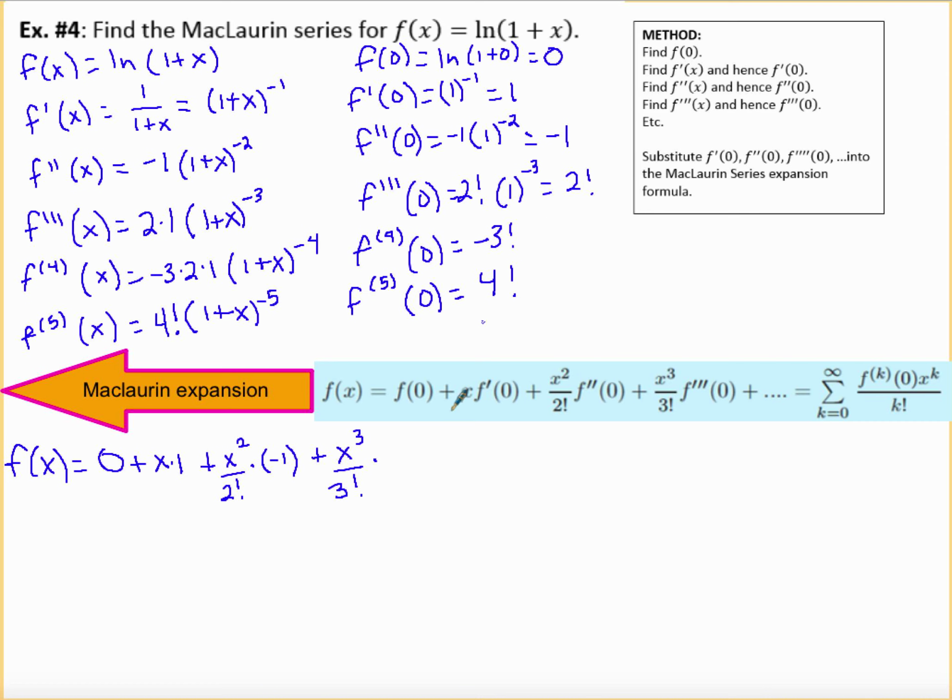So that was 2 factorial. Plus, and we're going to continue it out. Since I did 5 derivatives, I'm going to go ahead and expand out the 5 terms that I did. So that's going to give me x to the 4th divided by 4 factorial times that 4th derivative. That's negative 3 factorial.